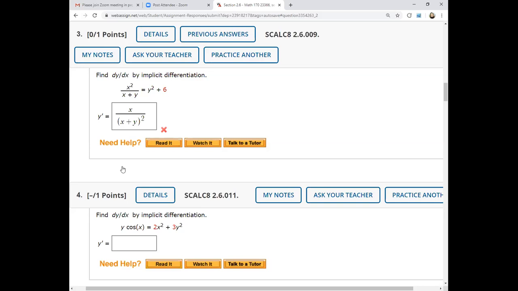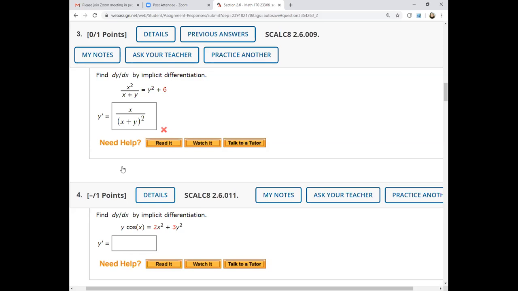Then I'm going to factor out dy dx. And I'm going to get cosine x minus 6y is equal to 4x plus y sine x.